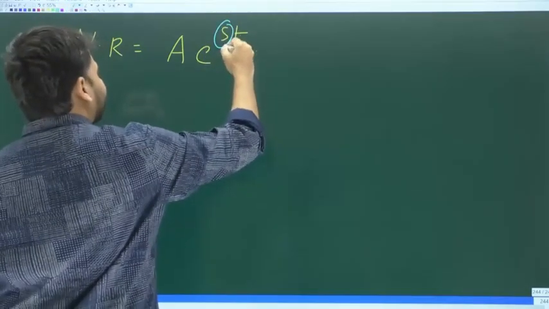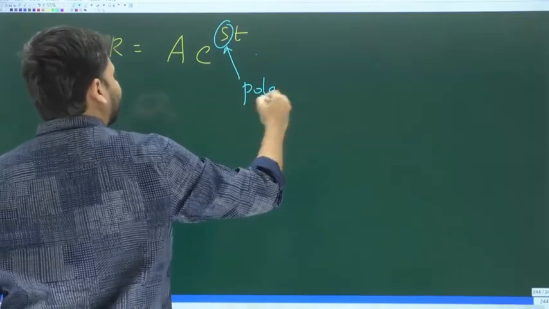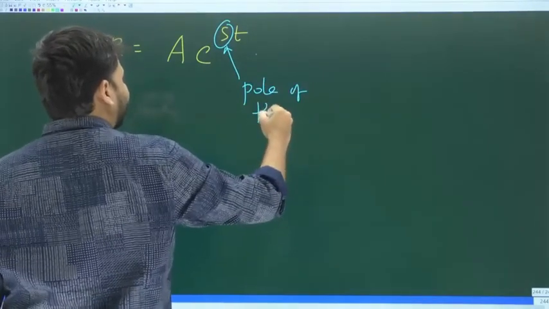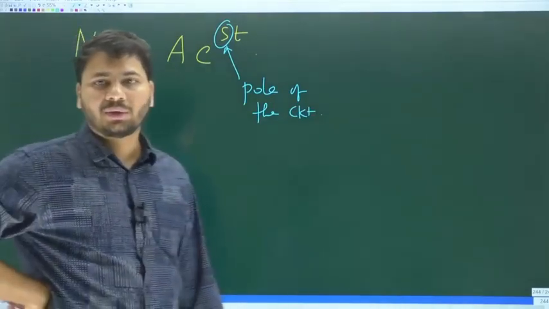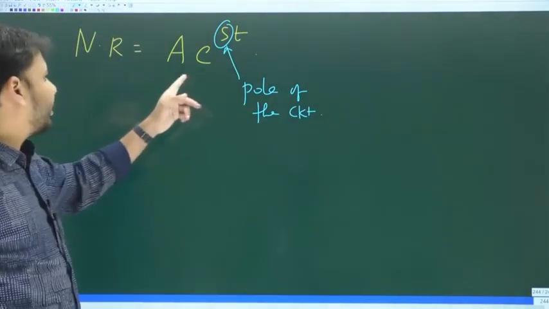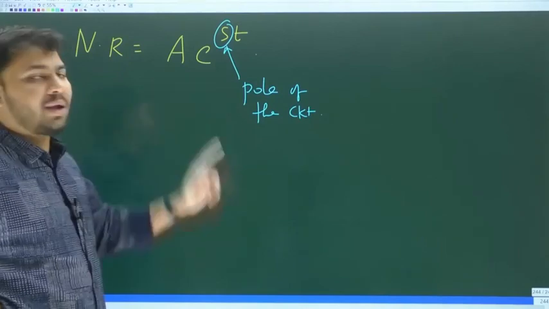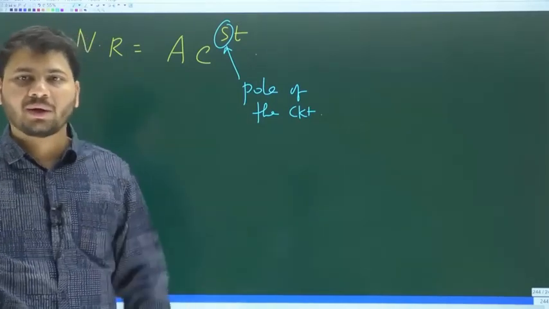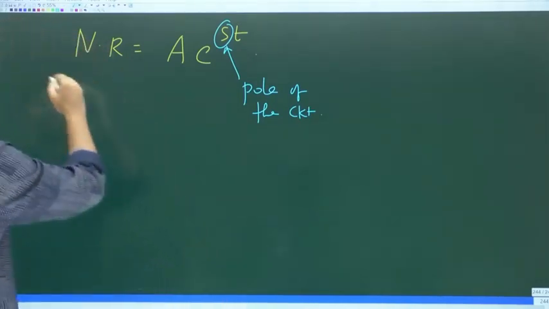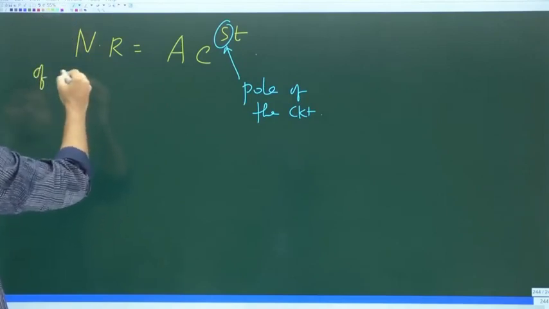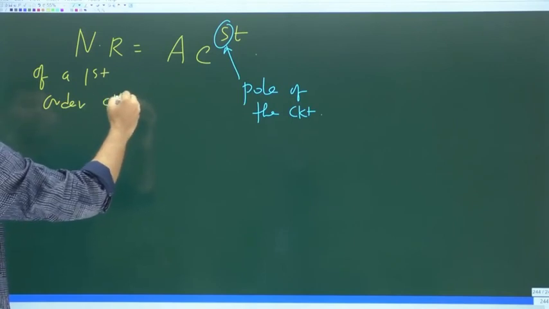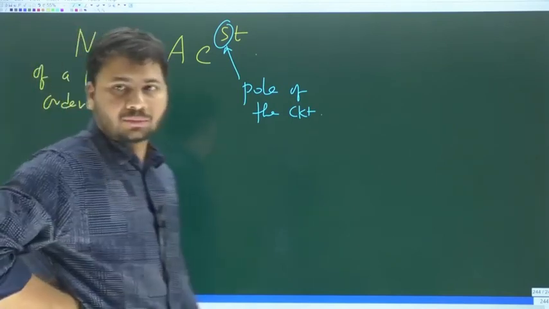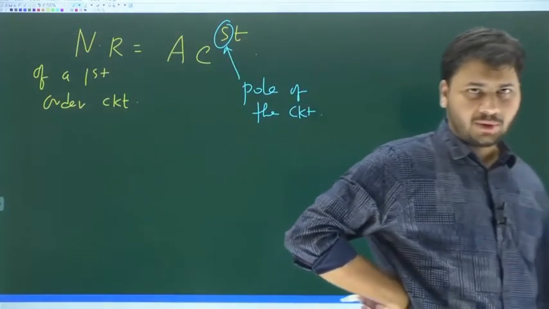This s is the pole of the circuit. So in the natural response, how many exponentials are there? There is only one exponential. So this is the natural response of a first order circuit.